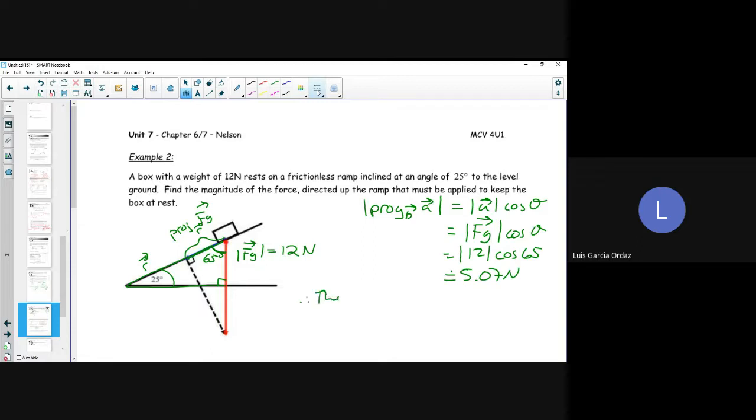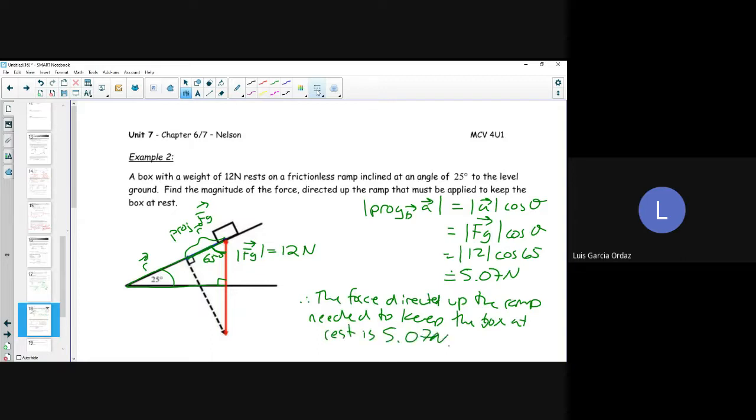Therefore, the force directed up the ramp needed to keep the box at rest is approximately 5.07 newtons.